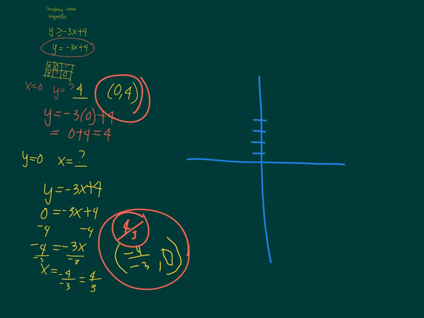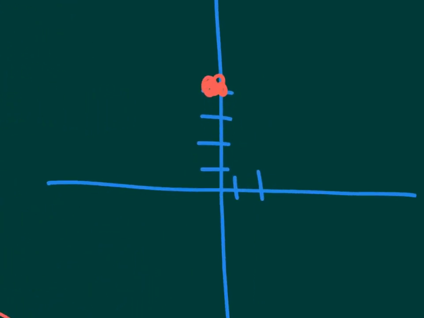So we have the first point on the y-axis at 4. And then when y is 0, it is at 4 over 3. So 4 over 3 is between 1 and 2. So 1 and 1/3.